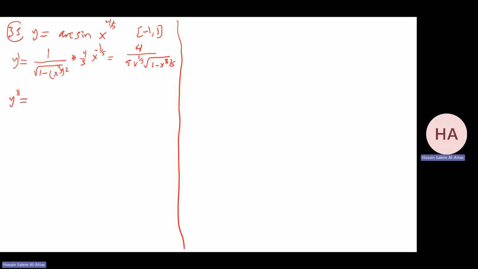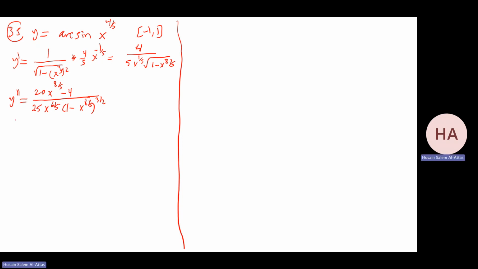Yeah, it's a little bit complicated, but this is the answer. 20x to the 8 over 5 minus 4, over 25 x to the 6 over 5, times 1 minus x to the power 8 over 5, to the power 3 over 2. Believe me, this is the answer, which is not easy to do. But assume the question is: this is y prime, this is y double prime. Find concavity and all of these things.